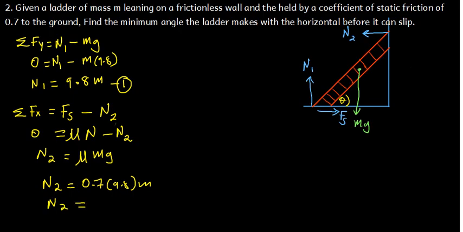N2 is going to be equal to multiplying 0.7 by 9.8. That will give us 6.86 m. Alright, so this will be another equation, equation 2.